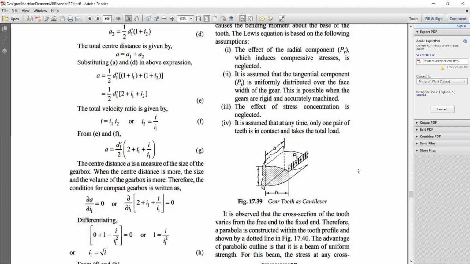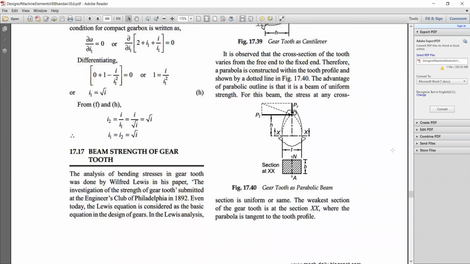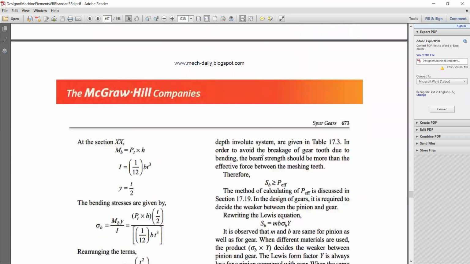Now we need to identify the actual stresses. Only tangential and radial forces generally act on the tooth. Out of that we neglect the radial forces, and we consider it purely tensile.